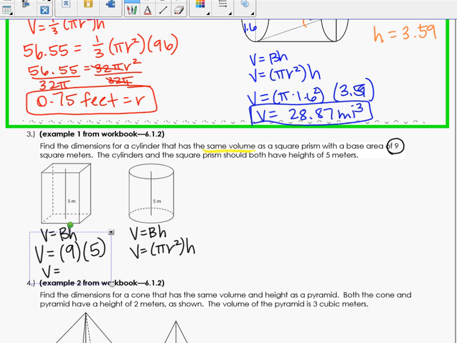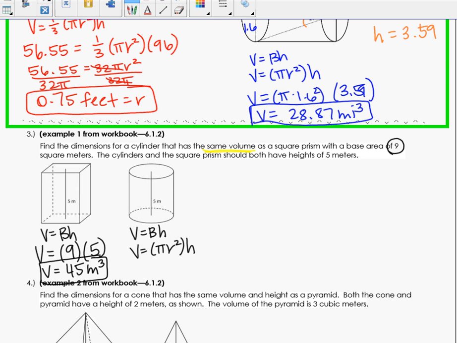So you can say, okay, here the volume is 45 meters cubed. If you had tried to do the cylinder first, you would have run into having too many variables because you don't know r and you don't know V, so you only would have been able to substitute in your h.